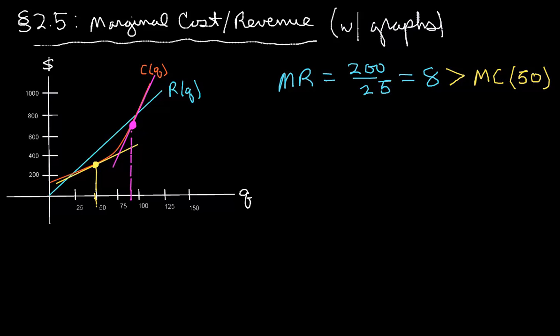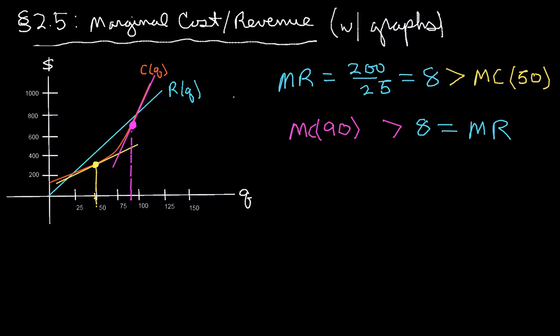Okay, so if we look at this purple line now, you'll see that first of all it's steeper than the yellow line. So the marginal cost at 90 is larger than the marginal cost at 50, but it's also steeper than the blue line. And so the marginal cost at 90 this time is larger than the marginal revenue, which is 8. So we know at least it's larger than 8.